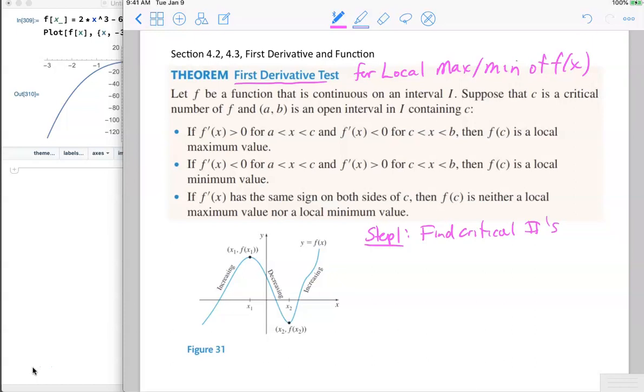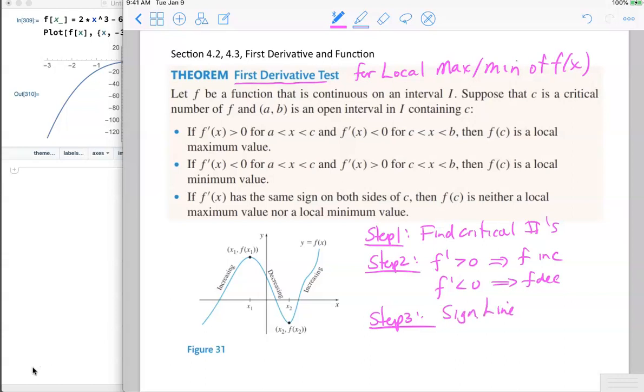We're already familiar with the idea that when the derivative is positive, then this implies that the function is increasing. And when the derivative is negative, that this will imply that the function is decreasing. We're already familiar with a sign line.